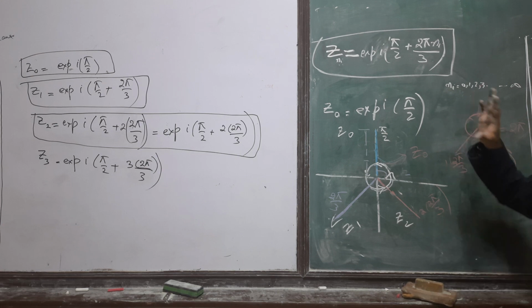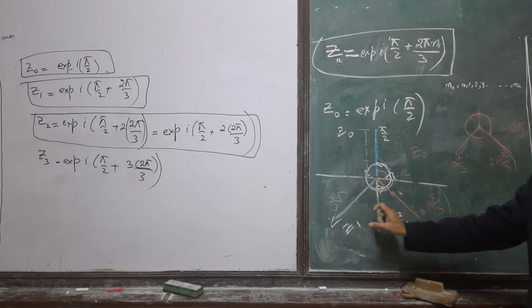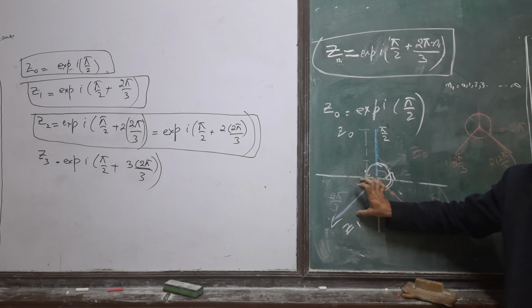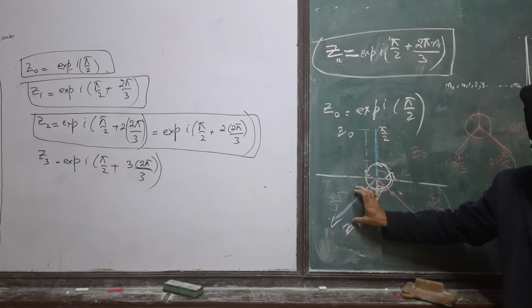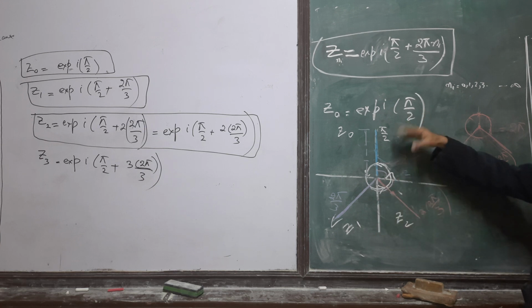I mean, if you have a whole round cake, and in the denominator there is 3 or 4, it means you are cutting the cake into 4 pieces or 3 pieces. If you multiply by 1, that will be 1 part. If you multiply with 2, that will be the second part. If you multiply with 3, it will be cancelled.